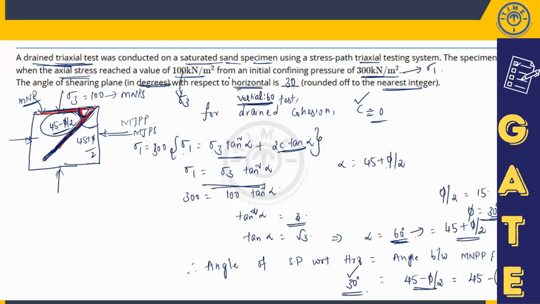Since he asked us horizontal, it is 30. Am I clear to all of you? Any more doubts in this question are most welcomed. Clear? Thank you, Tangaveni. What about others?